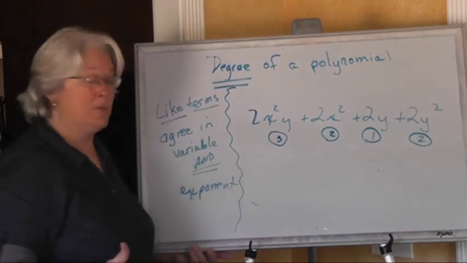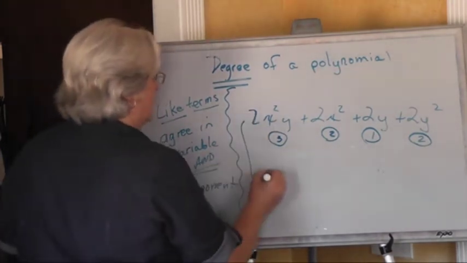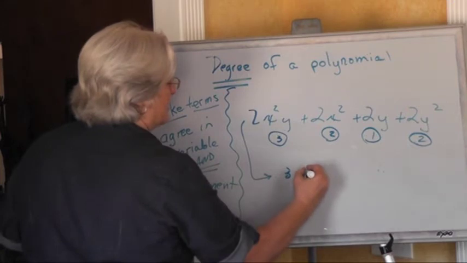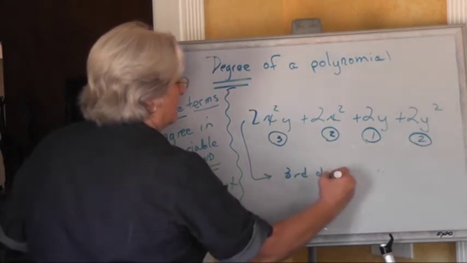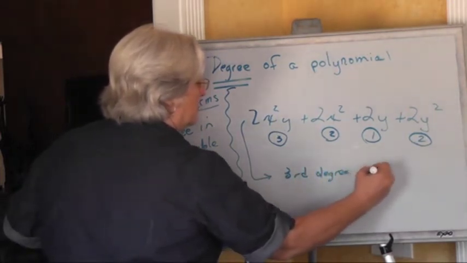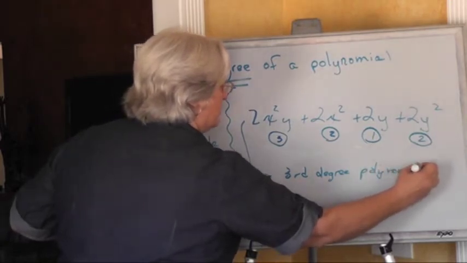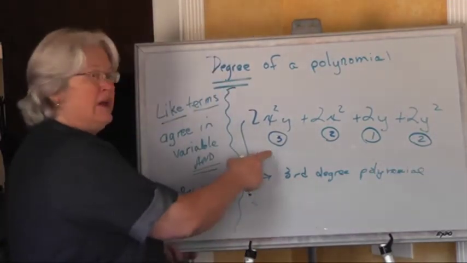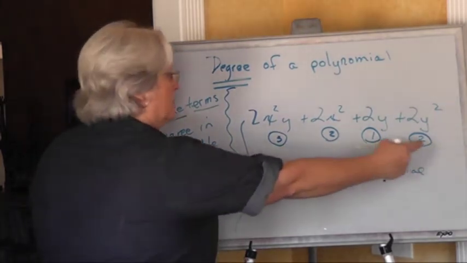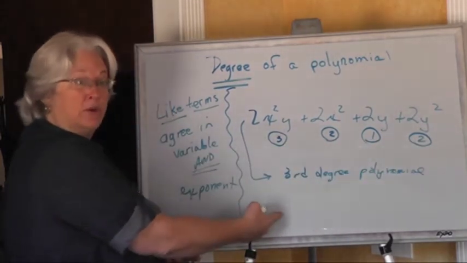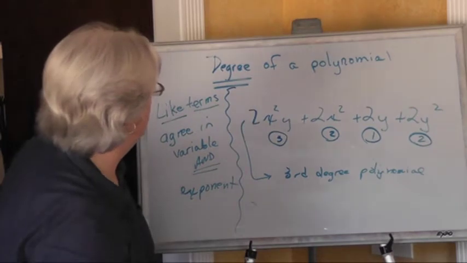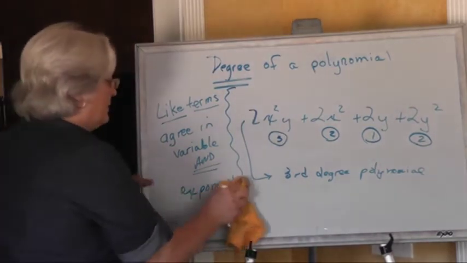So what's the degree of the polynomial? Well, this right here is a 3rd degree polynomial, because the highest degree of any term in here is the 3rd degree. That's all that's involved in finding the degree of a polynomial.